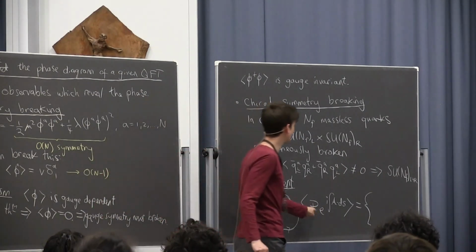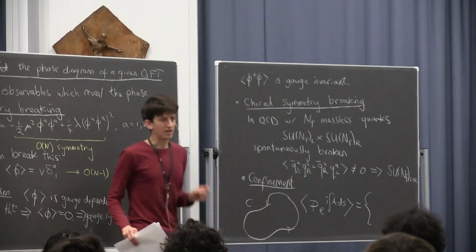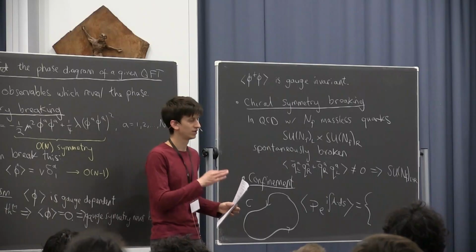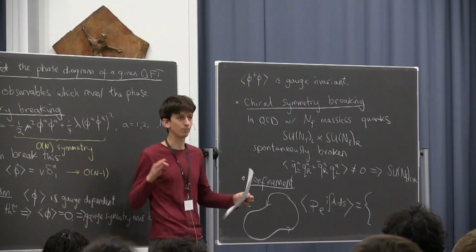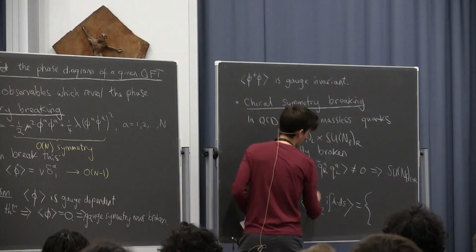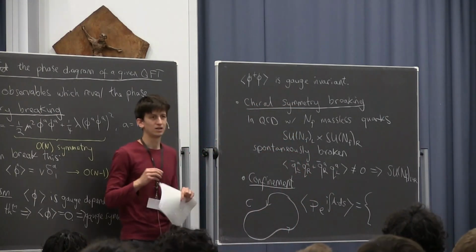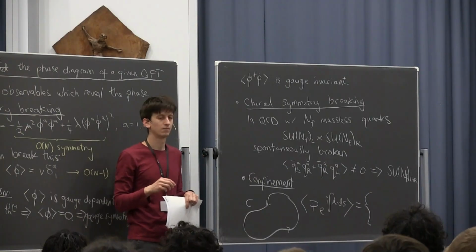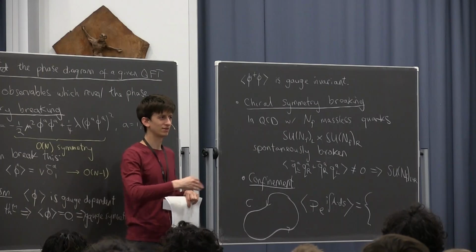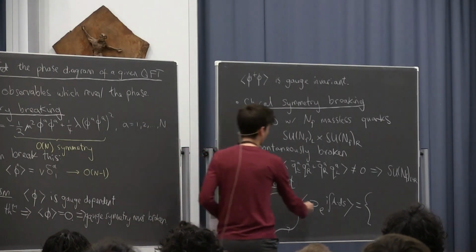One way to think about what this operator is: if you have a quark and an anti-quark and you create them, they have different gauge transformations at different points. So if I create this object here, it is the moving operator that is the thing that fixes the phase.